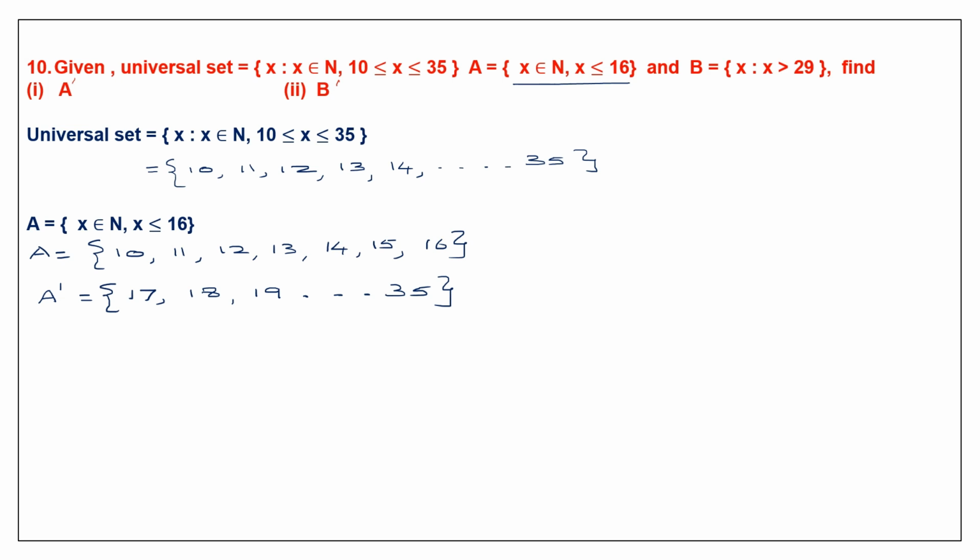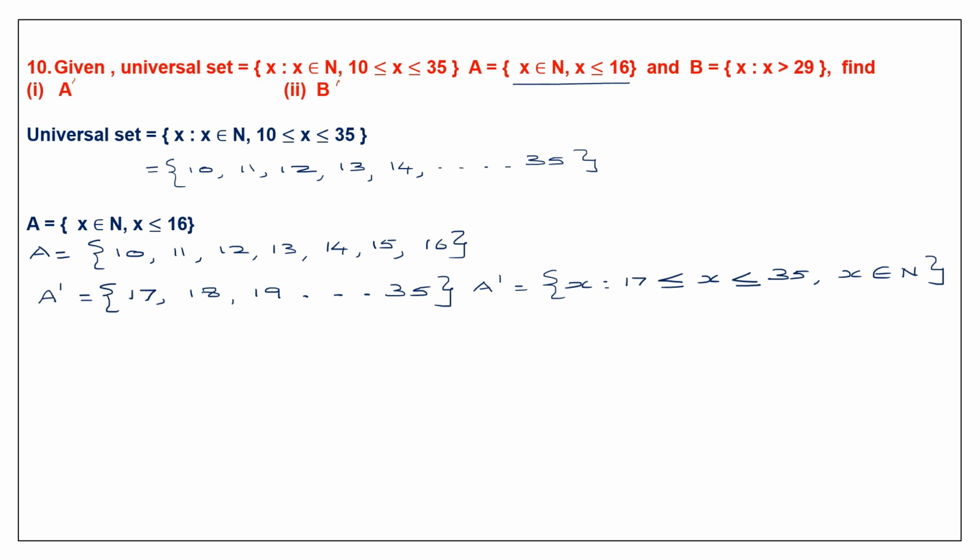So how do we write this? We say the complement of set A or A dashed is equal to x such that x is greater than or equal to 17 and less than or equal to 35, and we can also say x belongs to natural numbers.